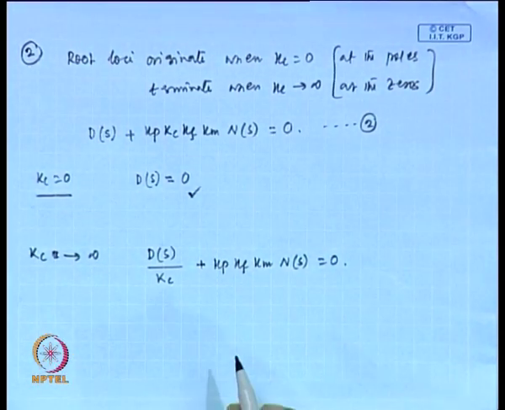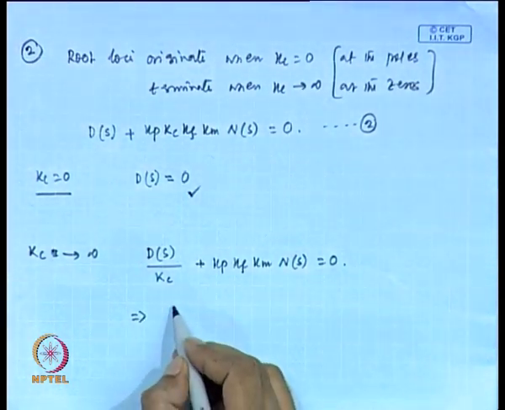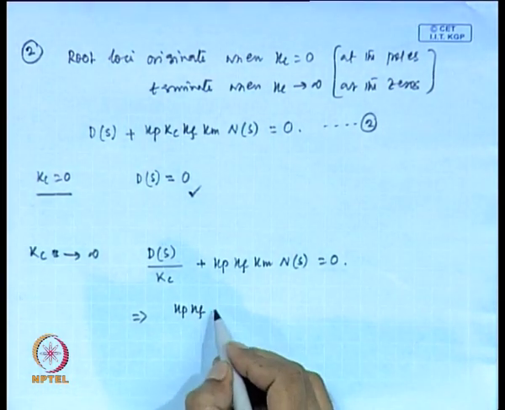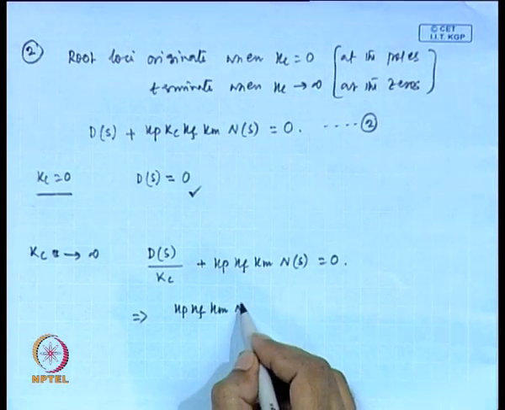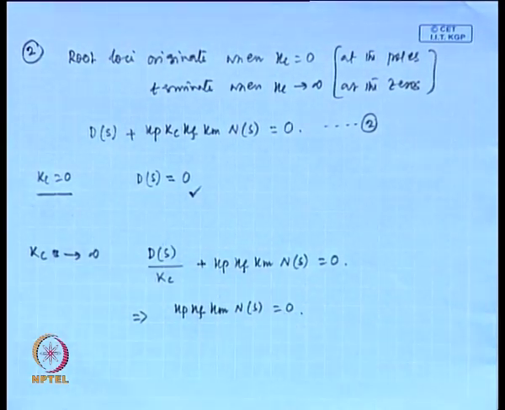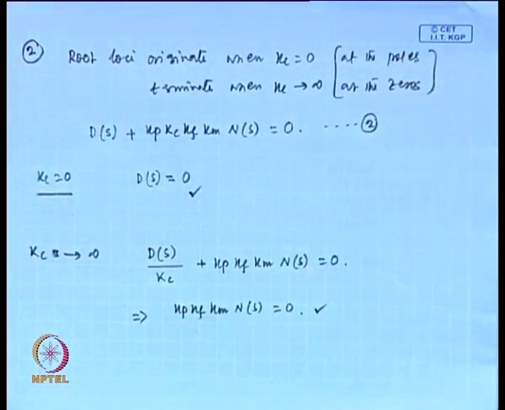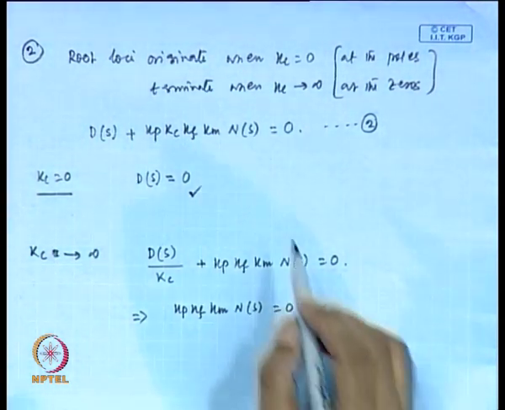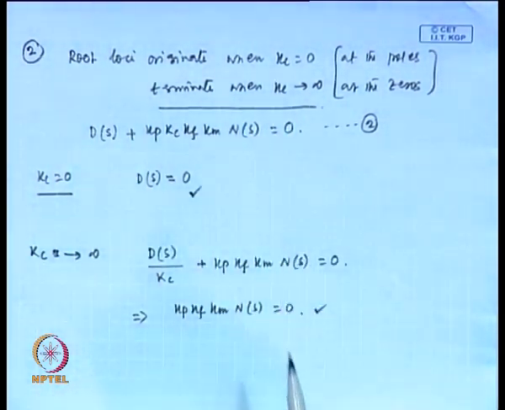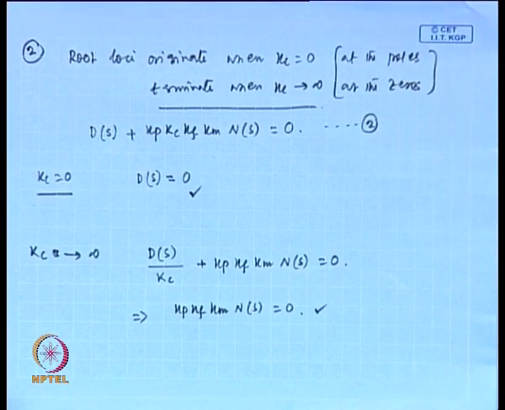Now, when Kc approaches infinity, Ds by Kc goes to 0, and we get Kp Kf Km Ns equals 0. So, we should end the root locus diagram plotting the roots of Ns equals 0. So, it proves that the root locus diagram terminates when Kc tends to infinity. Thank you.